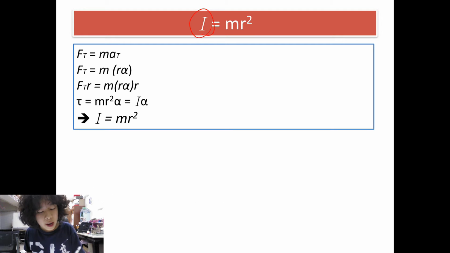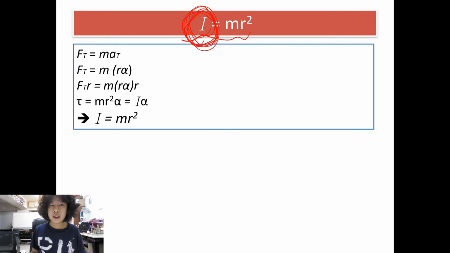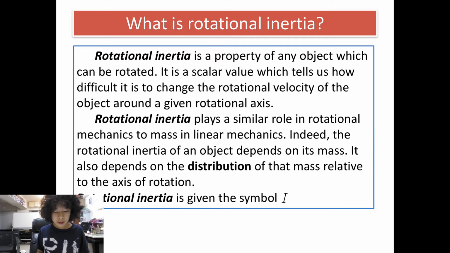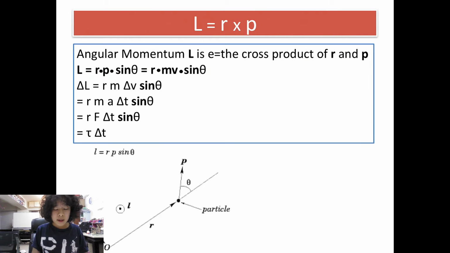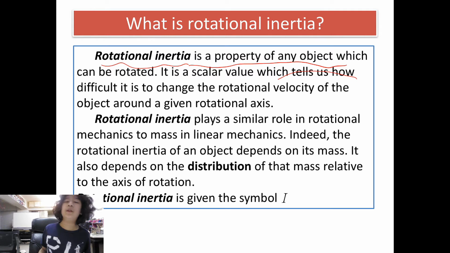Next, rotational inertia. Rotational inertia is a property of an object which can be rotated. It's a scalar value which tells us how difficult it is to change the rotational velocity of an object around a given rotational axis.